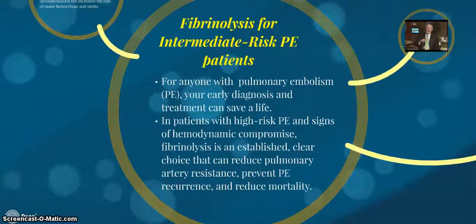Fibrinolysis for intermediate risk of pulmonary embolism patients. For anyone with pulmonary embolisms, PE patients, early diagnosis and treatment can save a life. In patients with high risk of pulmonary embolisms and signs of hemodynamic compromise, fibrinolysis is an established clear choice that can reduce pulmonary artery resistance to prevent pulmonary embolism recurrence and reduce mortality.